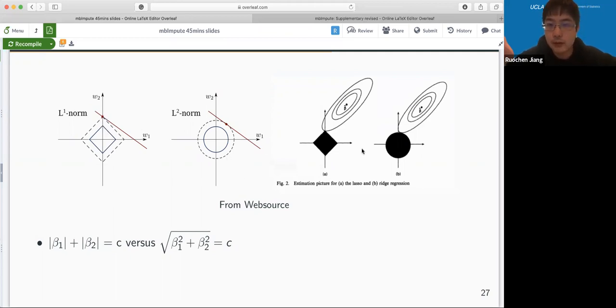Those two graphs show a similar idea, just that on the right-hand side the constraint is a circle, and on the left-hand side it's a line. If you do research later, you may encounter these kinds of plots when you deal with penalized regressions.